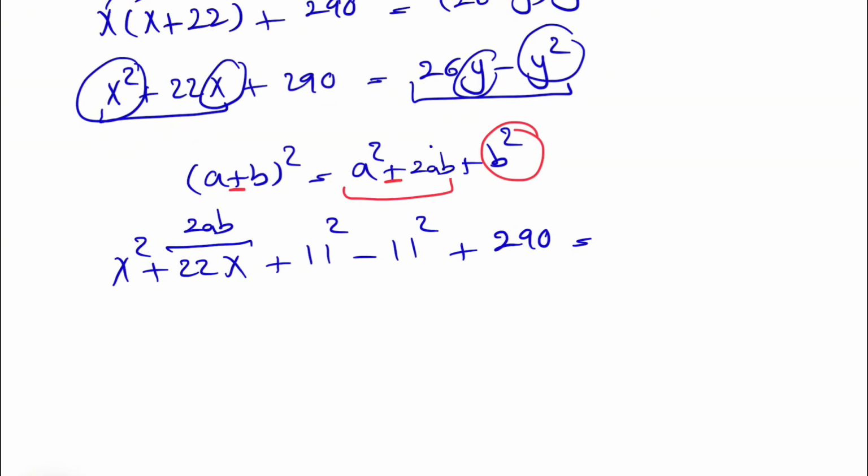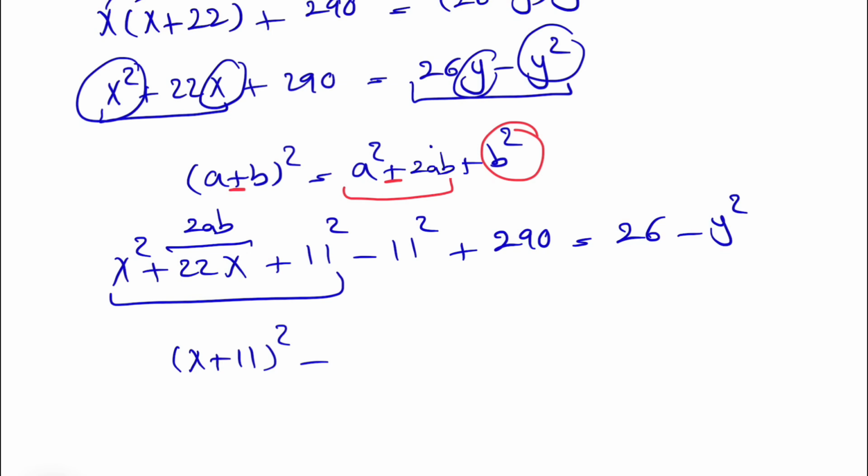And if we do that, so let's just write it down in here, minus y squared. We're just going to bring everything on the left side of the equation. So for now in here, we have so far x plus 11 squared. We have minus 11 squared, which we know is 121, plus 290. And we're going to bring the y squared on the left side, so it will be positive, and the 26y will be negative.